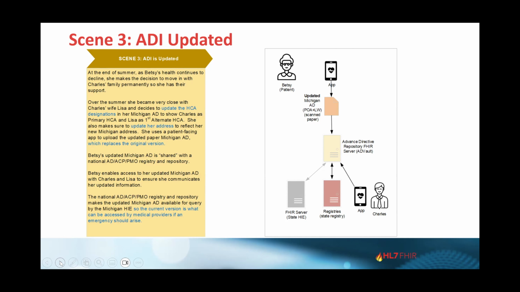The National Registry and Repository makes the updated Michigan Advance Directive available for query by the Michigan Health Information Exchange. So again, the current version is what can be accessed by medical providers if an emergency should arise. And now we'll turn it over to our technical experts.